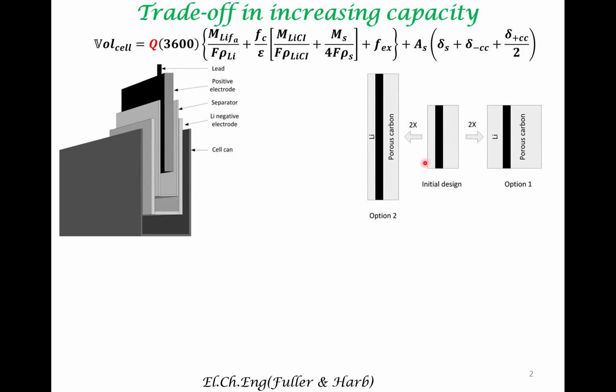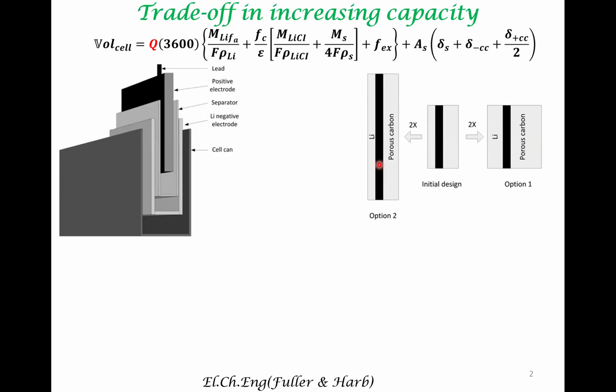I have different options. For example, I can just increase the thickness of the active material without increasing the cross-sectional area. The other option is I can have the same thickness of the active material, but increase the cross-sectional area.